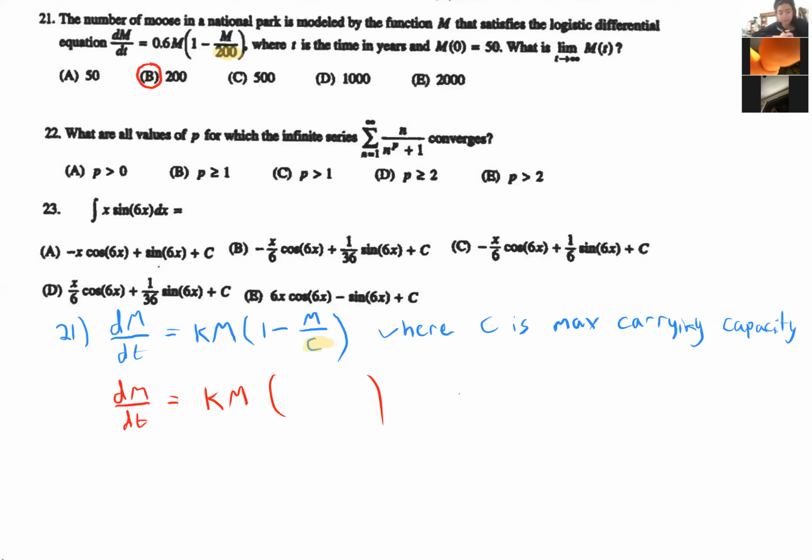I got confused because usually the maximum carrying capacity is M. But here I'm using M for the population of moose. Okay, so if I factor out an M, it would look like this. And then this would be 1 over M minus... This M thing is messing me up right now.